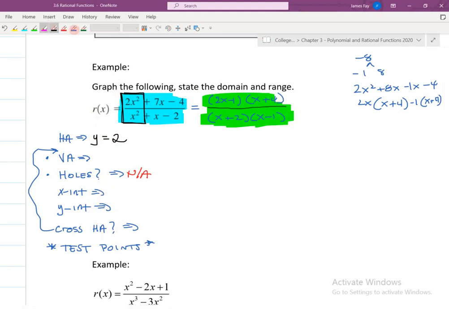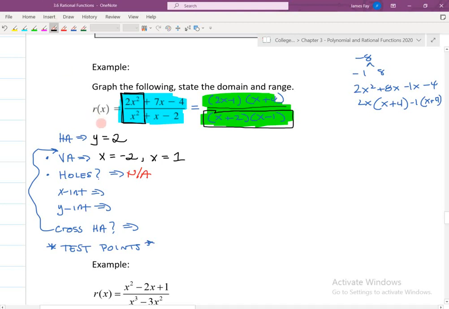In the factored version, vertical asymptotes are where you would divide by 0. What are the x values that would produce division by 0? X is negative 2, and x is positive 1. Now, your asymptotes, remember, they're lines, so they need to be equations. So x equals negative 2, x equals 1. Same thing with my horizontal asymptote.